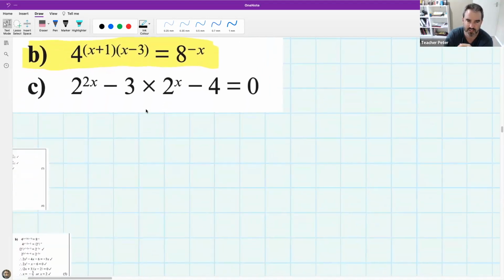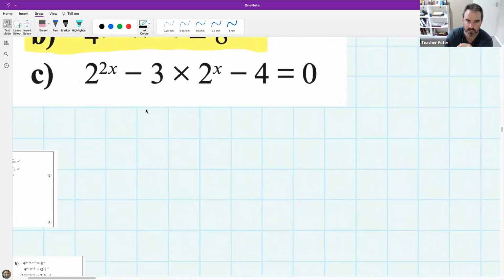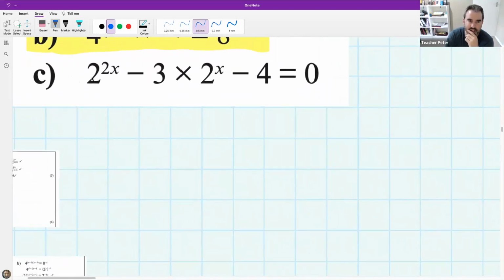I'll zoom in so it gets the complete attention it deserves. Something that is getting my attention is this. What is this problem? Can you all see that there is double the power here of the one over here?